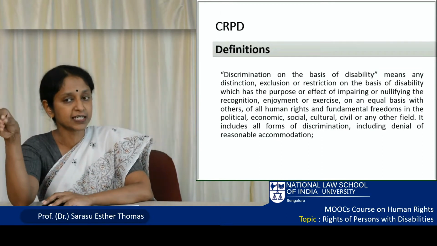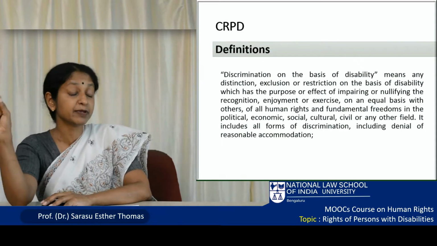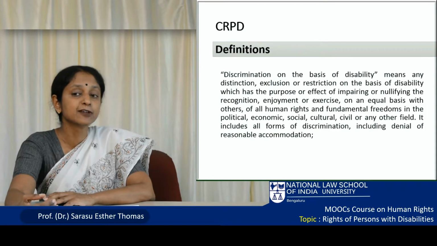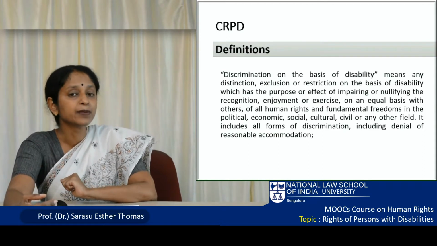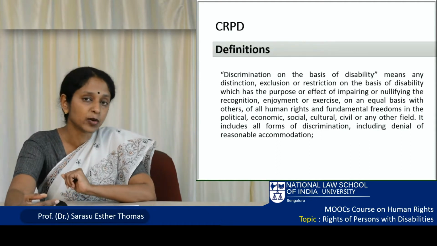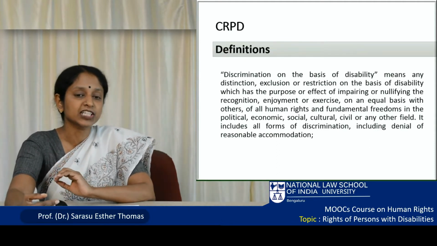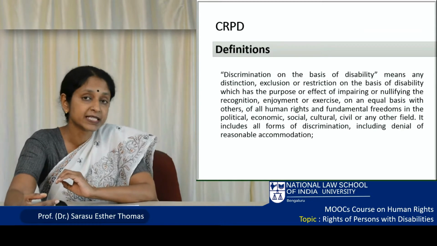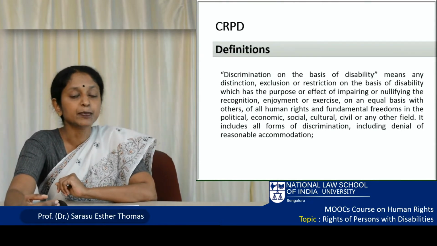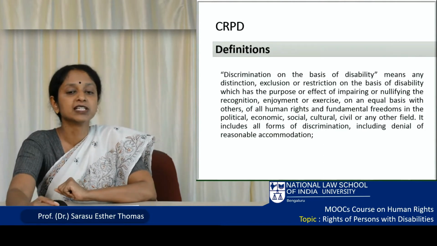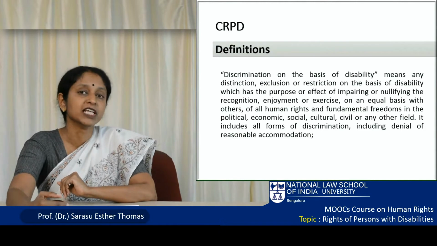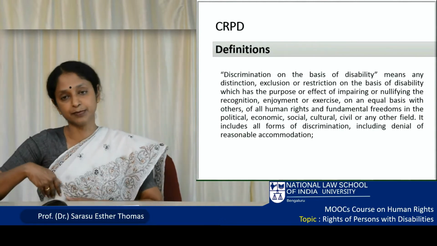So when it looks at discrimination on the basis of disability, it talks about any distinction, exclusion, or restriction on the basis of disability, which has the purpose or effect of impairing or nullifying the recognition, enjoyment, or exercise on an equal basis with others of all human rights and fundamental freedoms in the political, economic, social, cultural, civil, or any other field. It includes all forms of discrimination, including denial of reasonable accommodation.